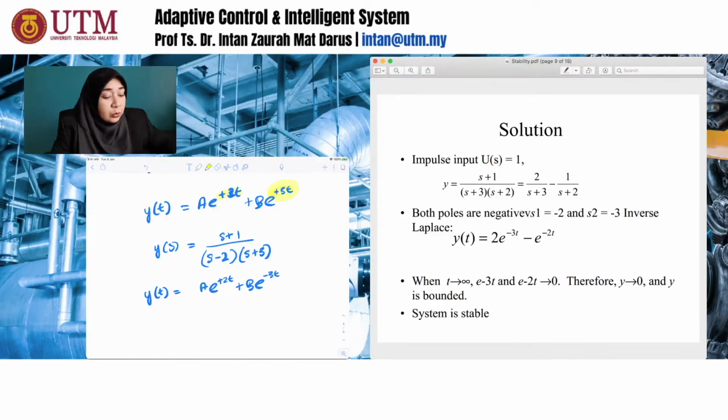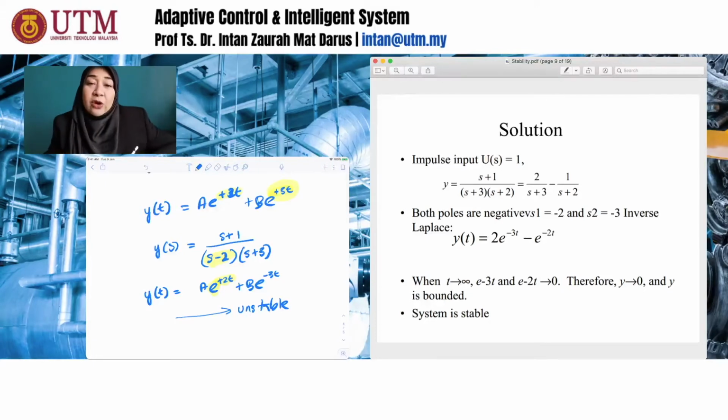So only one value of minus 2 at the bottom of your transfer function will give you a positive exponential, and hence with that positive exponential, your system will be unstable. Okay, so that's how you look at these two.